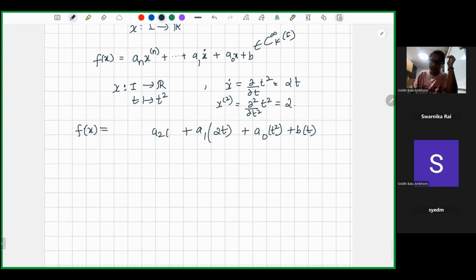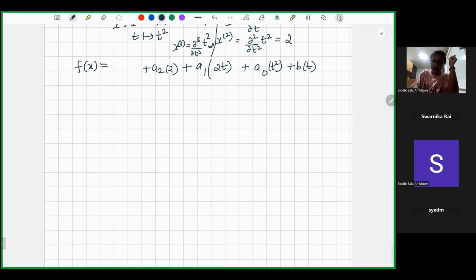And then it is a2x plus, now the third derivative of t square is 0. We know d cube by dt cube of t square is 0, so this is just 0 everything.